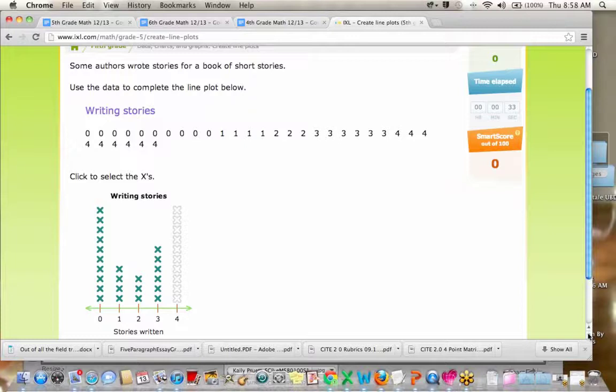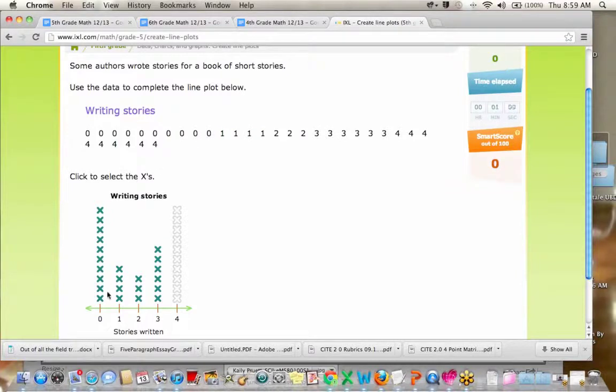So let's just do maybe one or two of them, and then we'll go on to some stem and leaf plots. Okay. Some authors wrote stories for a book of short stories. Use the data to complete the line plot below. So it looks like 1, 2, 3, 4, 5, 6, 7, 8, 9, 10. 10 authors wrote 0 stories.